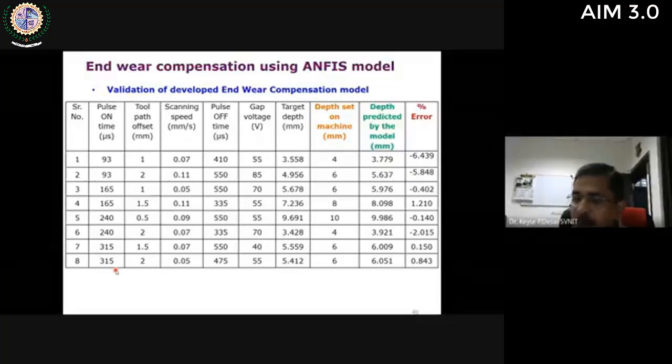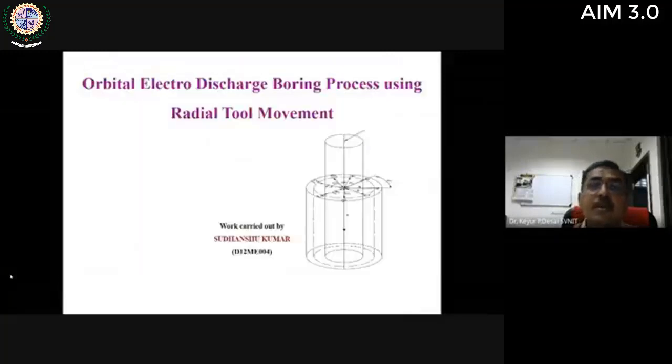Process criteria like material removal rate, tool wear rate, and surface roughness were measured using appropriate instruments, and based on which analytical models for tool wear rate of copper and graphite electrodes were developed, and we developed ANFIS modeling for end wear compensation as well, which will help us to get the desired depth of cavity very accurately. So this is about the first phase.